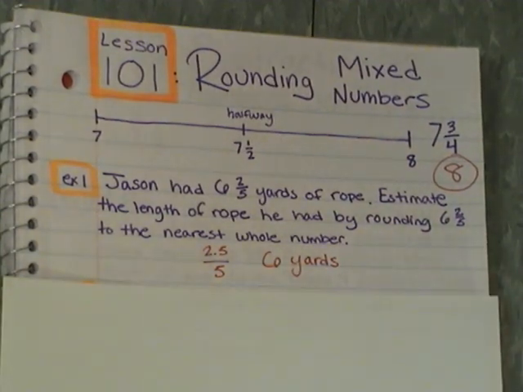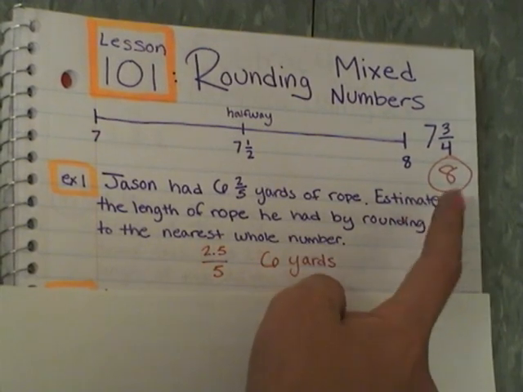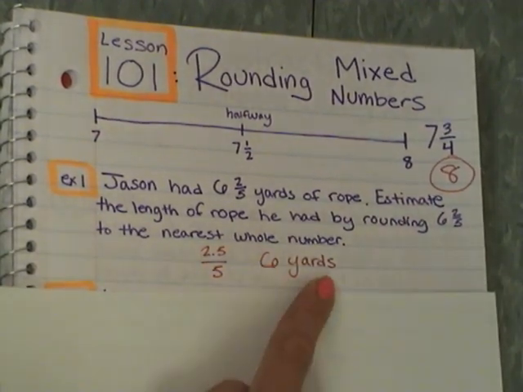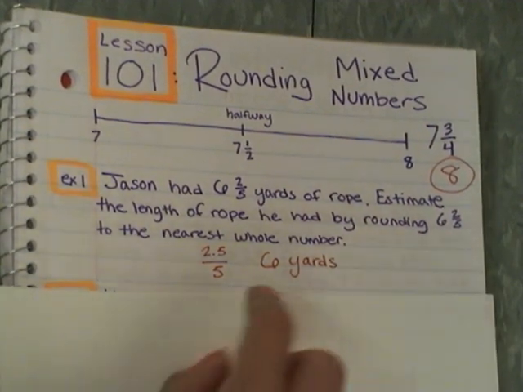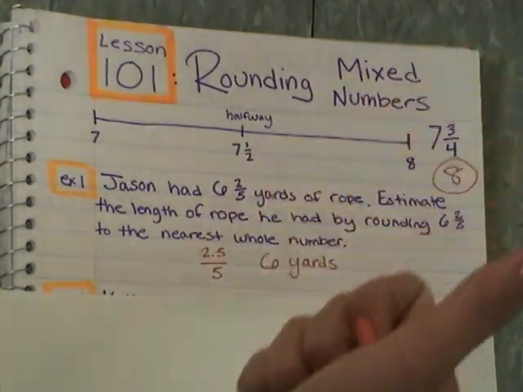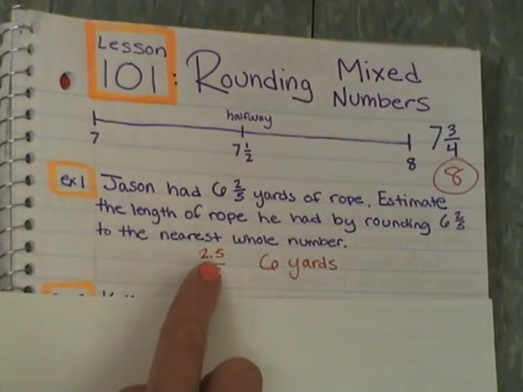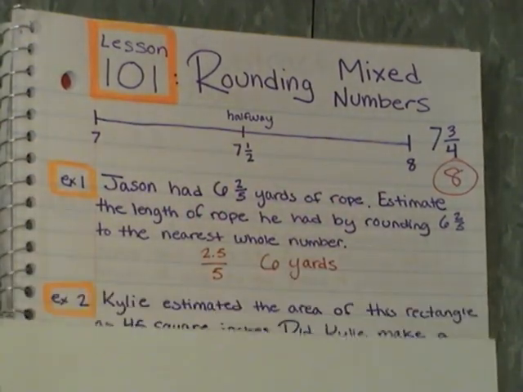Is 2 smaller or bigger than 2.5? It is smaller. So I'm going to round back down to 6 instead of 7. So I have 6 yards. Now, if I had 6 3/5, 3 is bigger than 2.5, so I would round it up. But since I have 2, smaller than 2.5, I round it back down to 6.